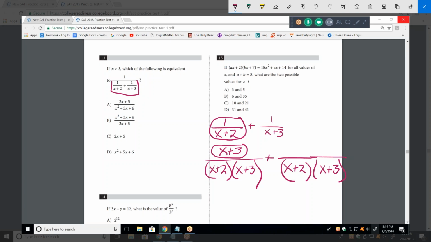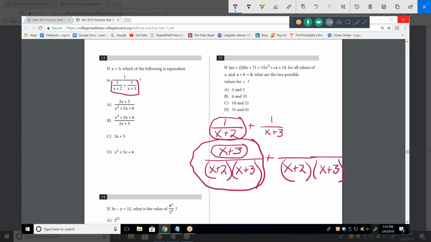The reason I leave the denominator unmultiplied is so that I can ensure by looking at it that I haven't changed it. My x plus 3 cancels with this x plus 3, and I'm left with 1 over x plus 2. So when I do it this way, I can check it immediately to make sure I have not made a mistake.